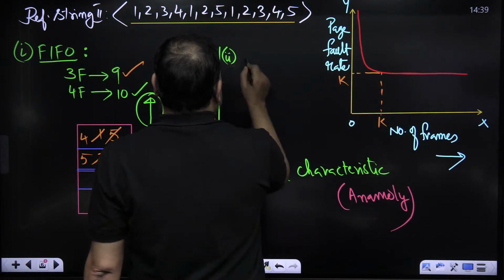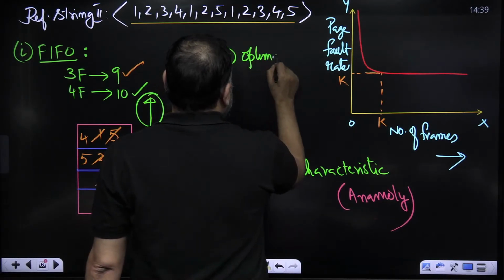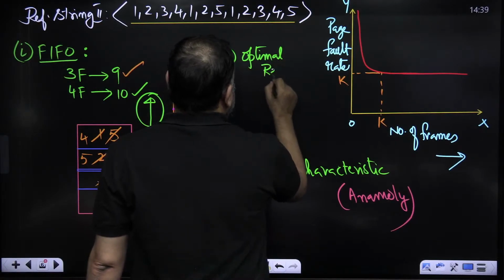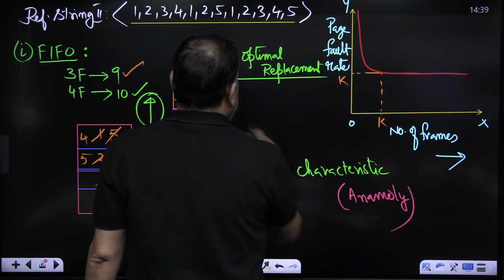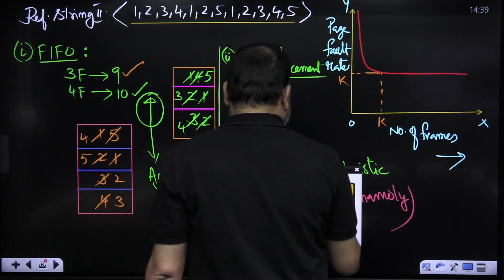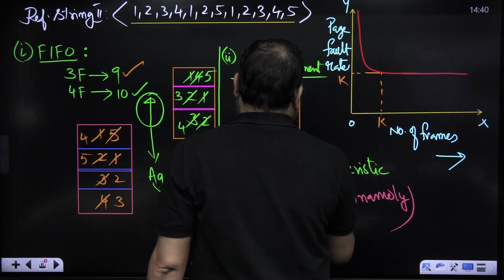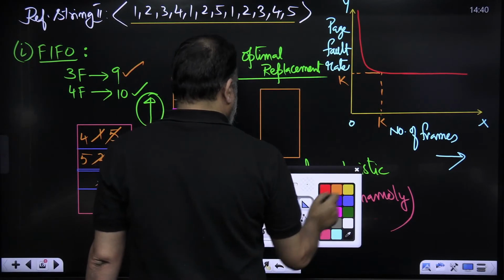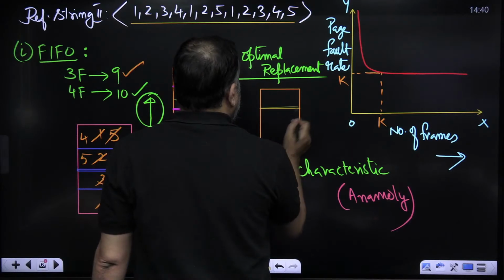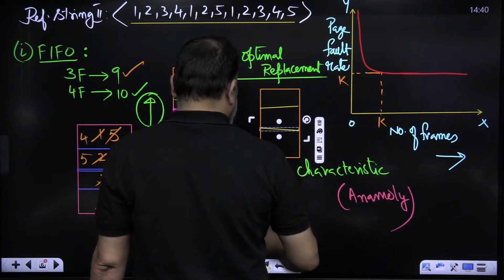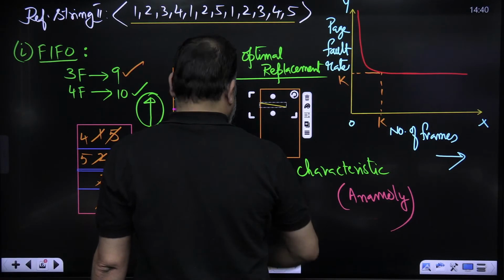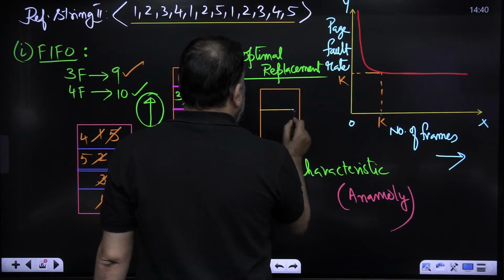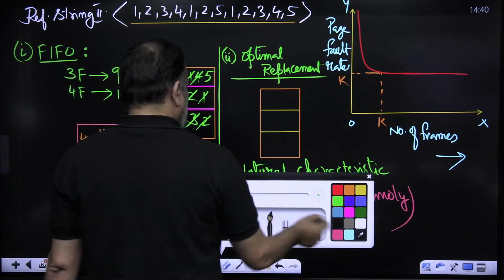Second, optimal replacement. Optimal replacement, 3 frames. So first I will take 3 frames. Let's imagine these are the 3 frames. चलिए, I'm doing it.